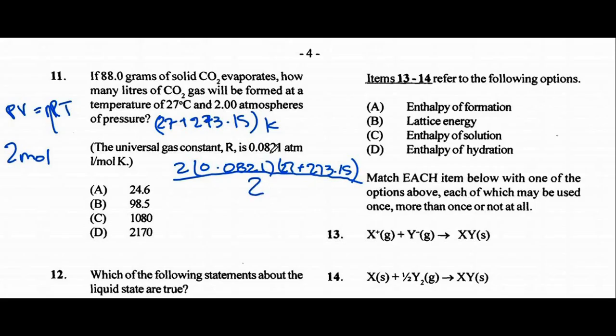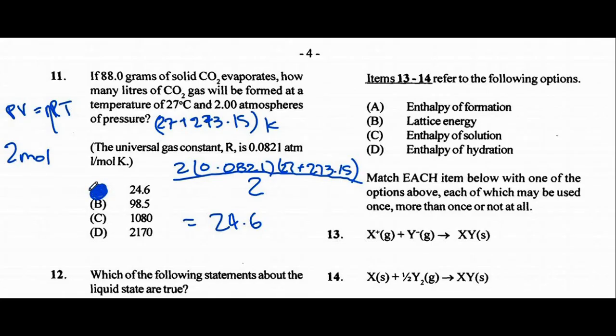And let's put that in the calculator and see what we get. 0.0821 times 27 plus 273.15 times 2 all over 2. The 2's are going to cancel each other, I think, but let's not rely on my brain and math. Let's use the calculator, and I got 24.6, and 11 is A.